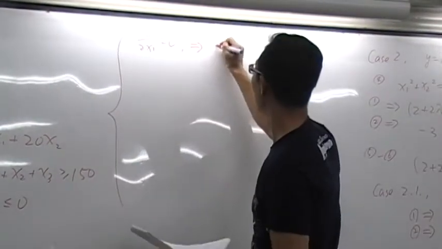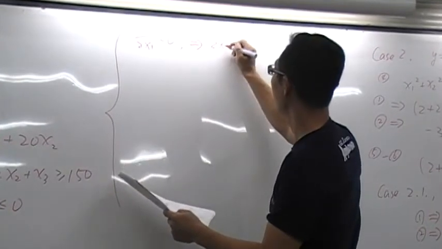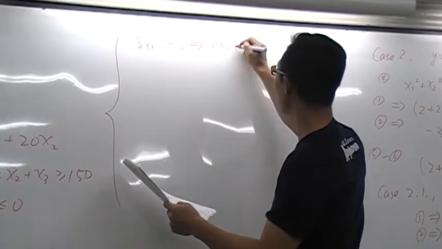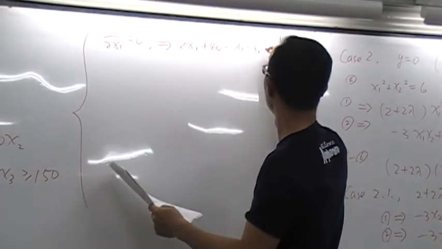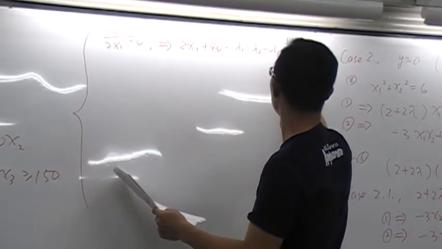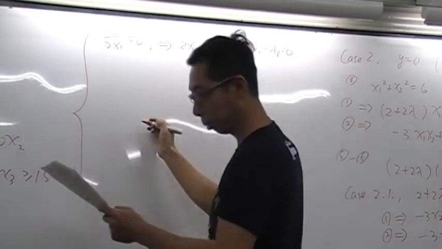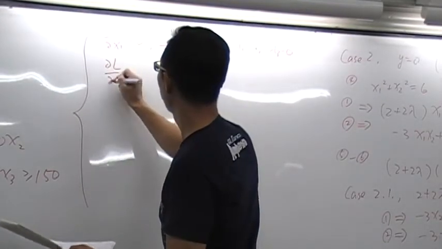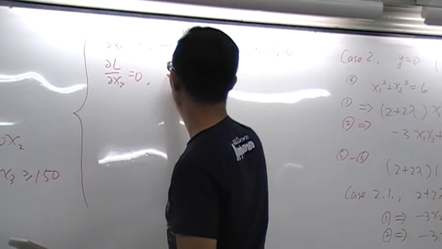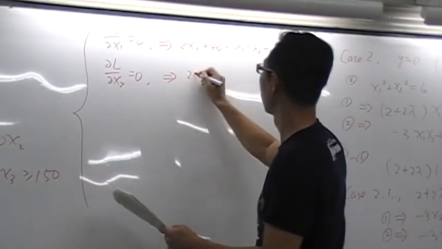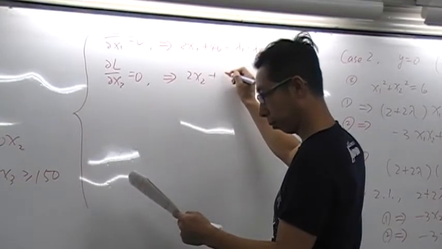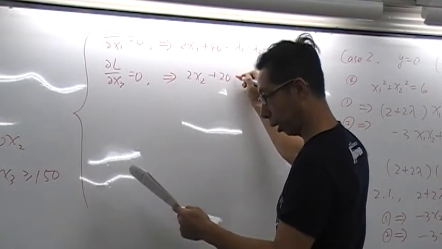To save time, let me directly write down what this is. Okay, so that's the first equation. And then the partial derivative with respect to x2 equals 0, and we can have the second equation: 2x2 plus 20.